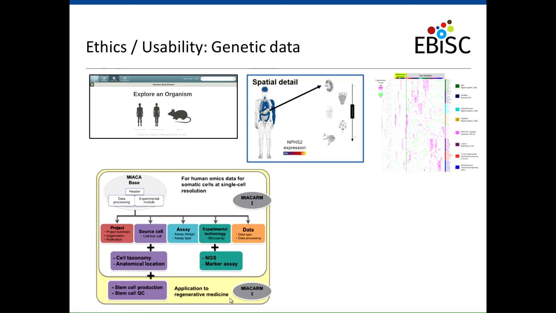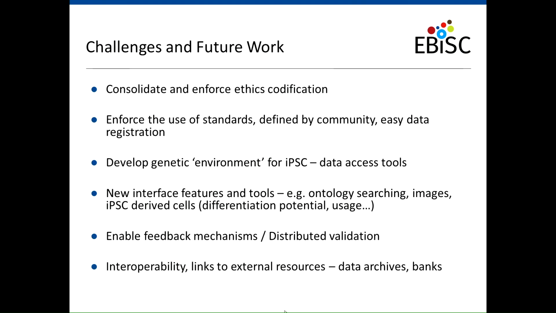This will be further developed into a MIACA tool for basically every cell of the human body. And most of you probably know that there is now a huge initiative ongoing to create a human cell atlas, and this falls very well into this area of research.